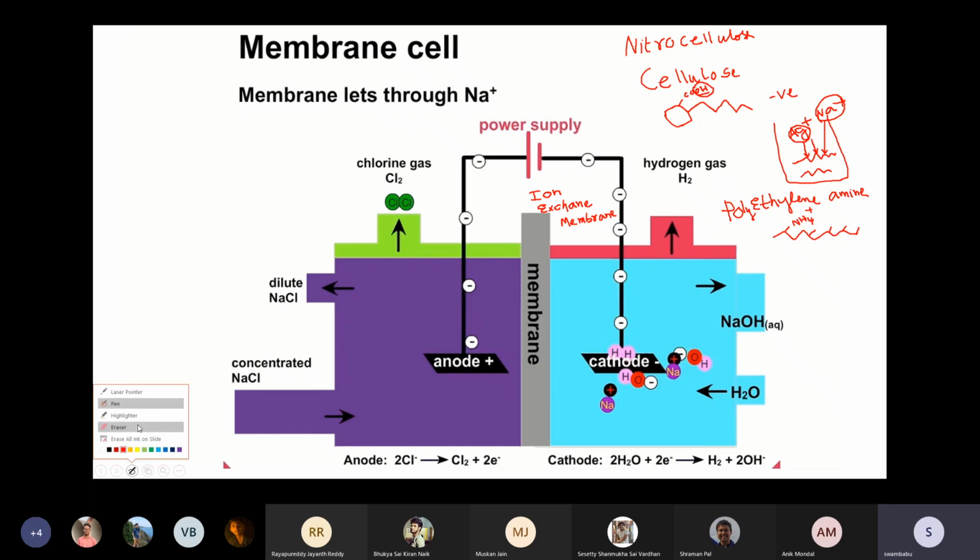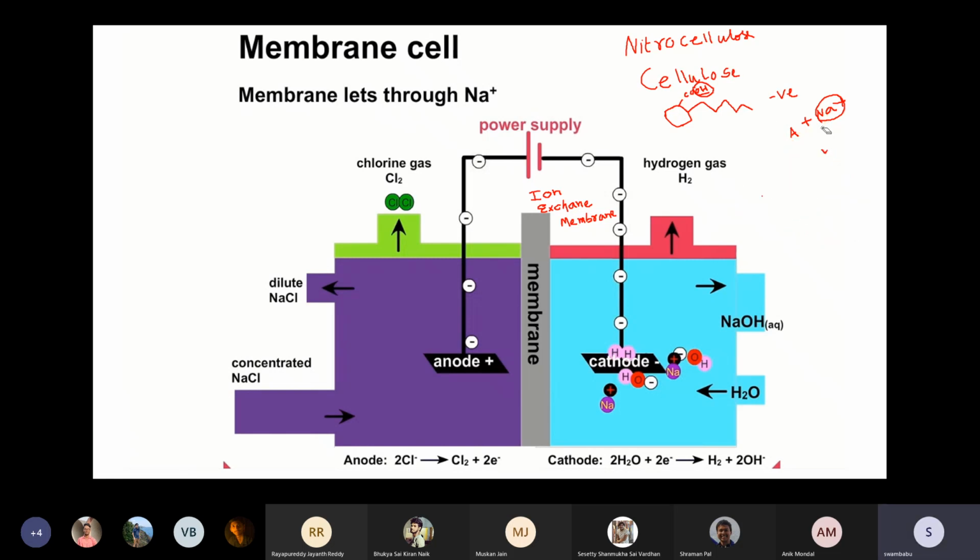There are good techniques available to produce these ion selective membranes. So we can make a polymeric membrane that is fully anionic charged, negatively charged, or a membrane that is fully positively charged. Both are possible.